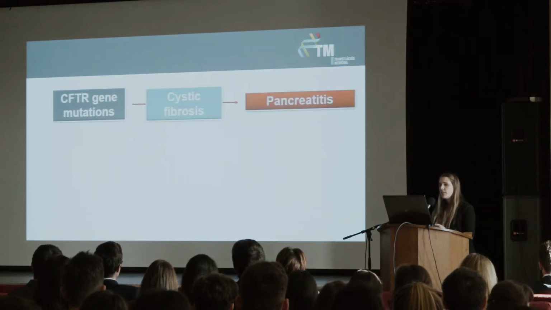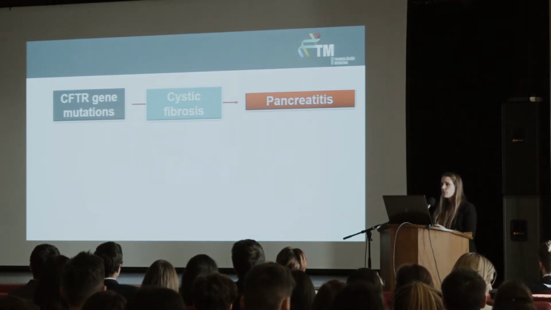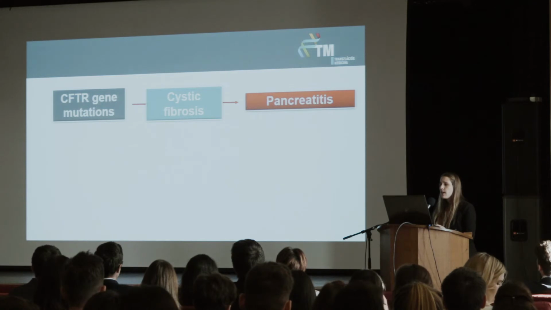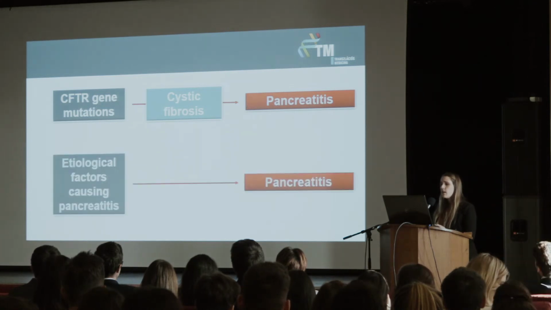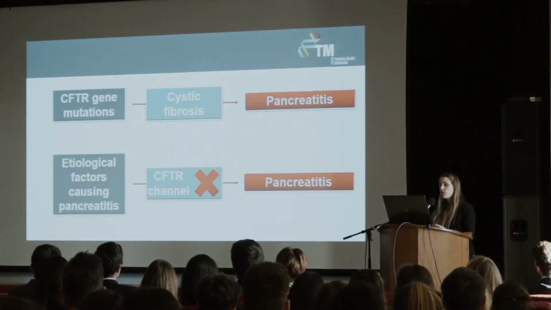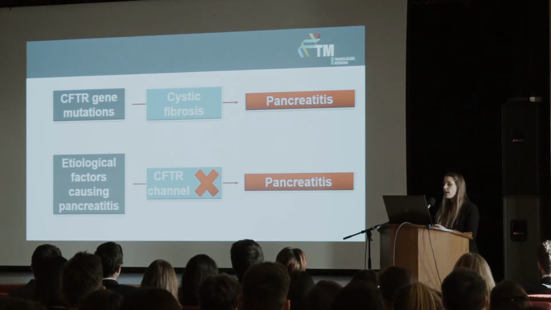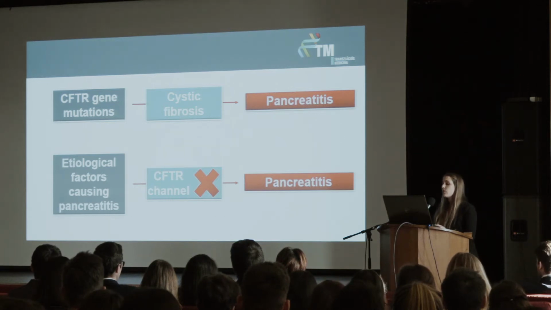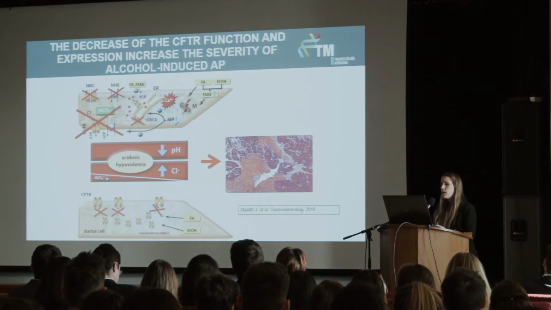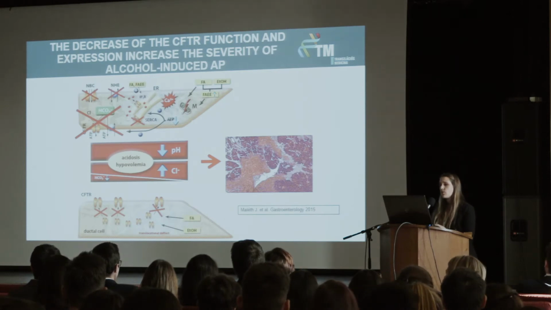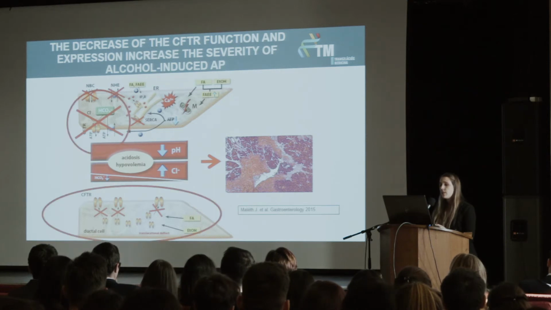It is known that CFTR gene mutations in cystic fibrosis patients, which is one of the most common genetic disorders, can lead to pancreatitis. But it was not known that etiological factors causing pancreatitis can also damage the CFTR channel. And our research group first showed that alcohol can damage the function and the expression of the CFTR chloride channel.